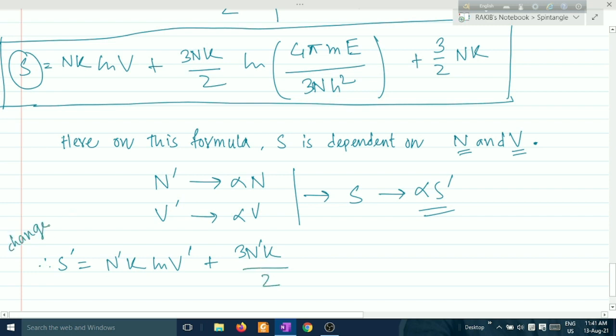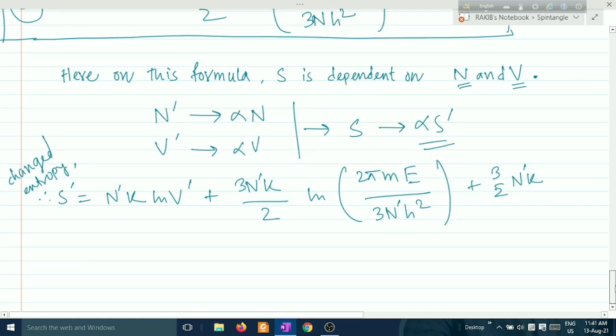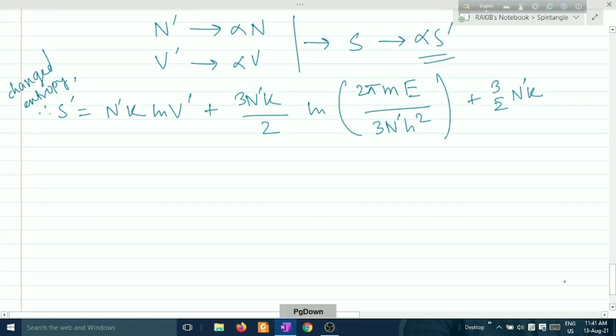This is the changed entropy. ln 4 pi me by 3n prime h square plus 3 by 2 n prime k. Okay, I think I am correct. And now put the values of n prime from this formula.